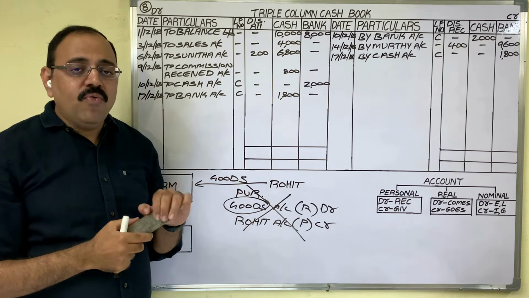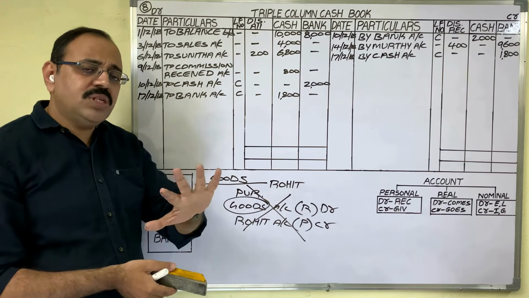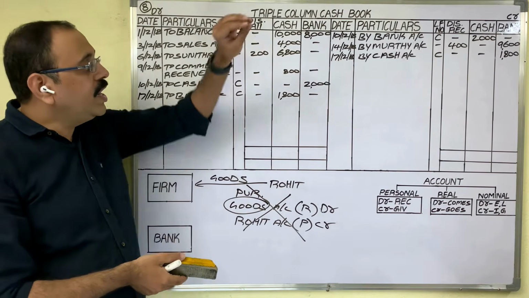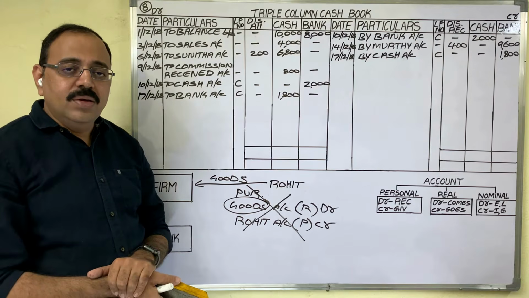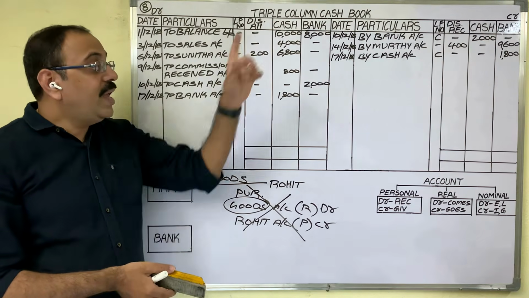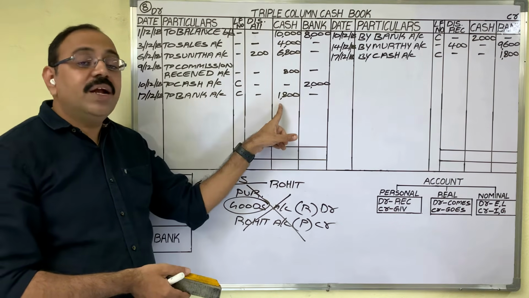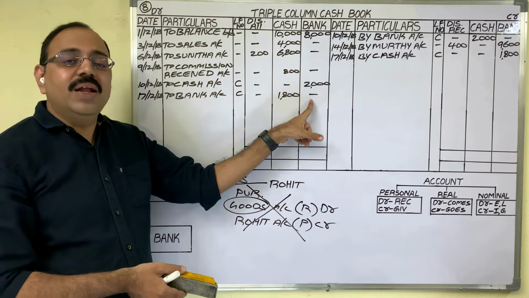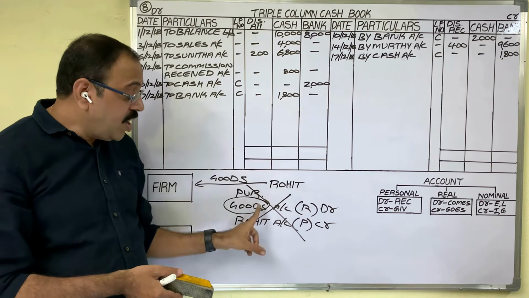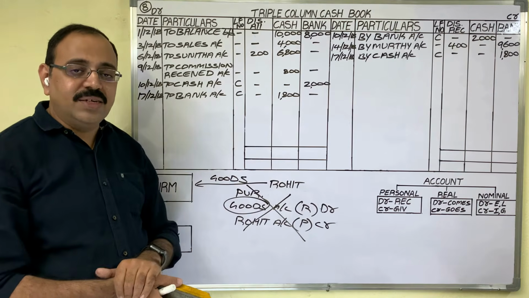Don't think that whatever transaction he gives in the question, all those transactions blindly we have to enter in cash book only. In respect to subsidiary book, that transaction goes. In cash book, we have to record only cash related transactions, bank related transactions. This is not cash related transaction. This is not bank related transaction.